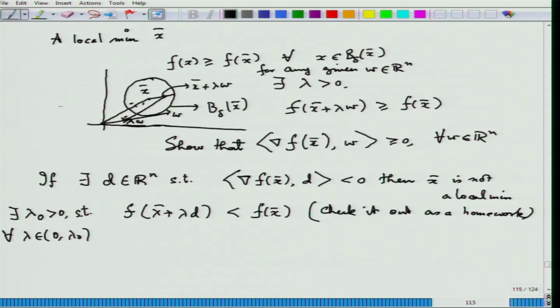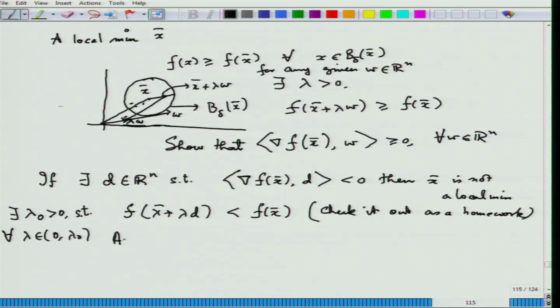Now, what does this mean? I have gone to a point in Rn which is x bar plus lambda d. I have moved along the direction d from x bar, and there is a lambda for which I get a point such that the functional value is strictly less than the functional value here. So, even if I do not have a local minima at x bar, I am trying to move in a direction so that my function value decreases.